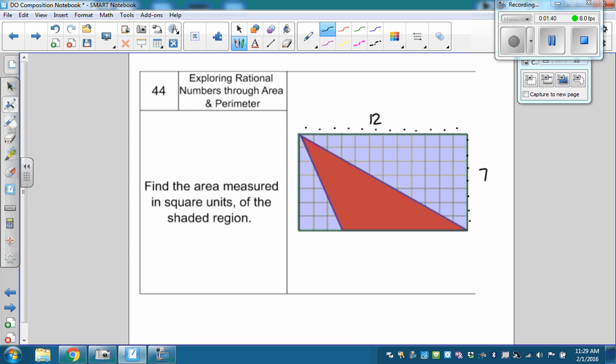So the area of that whole rectangle is 7 by 12. I'm going to draw a little picture of my thinking. And 7 times 12 is 84. So I know that the area of the rectangle is 84 square units.